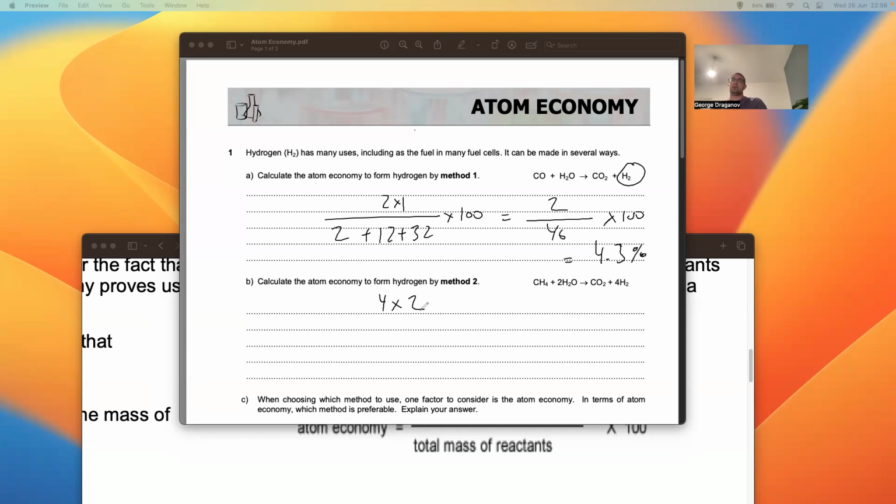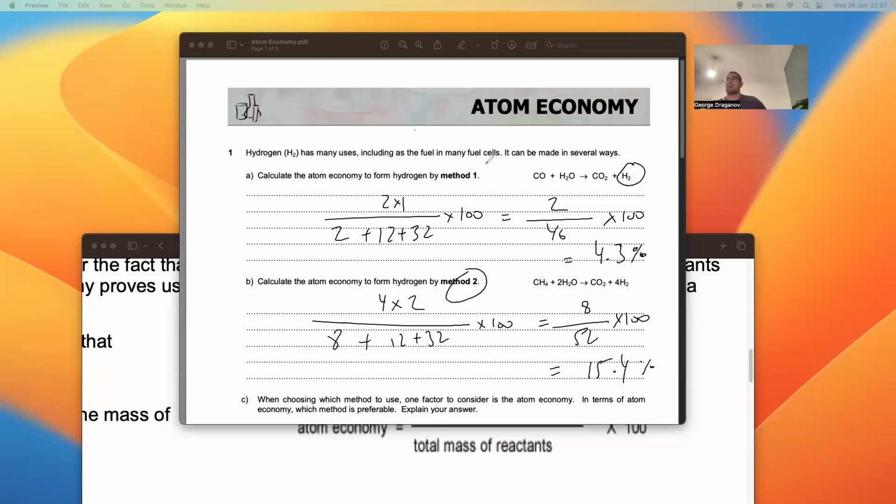So 4 times 2 is 8. Or you could do 8 times 1, whatever you like, but you need to include the 4. Over 8 plus all the products, 12 plus 32, times 100, which will equal 8 over 52 times 100. And that will give me an answer of 15.4%.